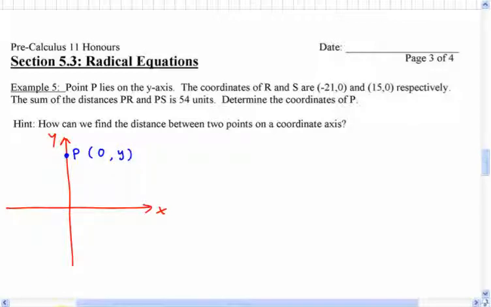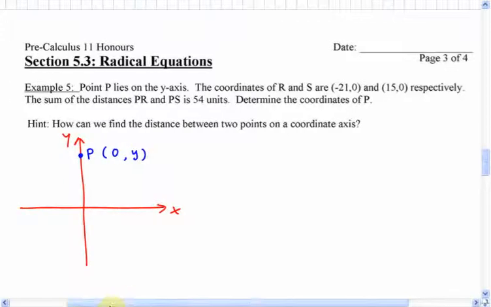Now, it also says the coordinates of R and S are negative 21, 0. So here's R, negative 21, 0. And S, which is over here, positive 15, 0. And the question says the sum of the distances PR, which is this part here, plus PS, which is this part, is equal to 54.